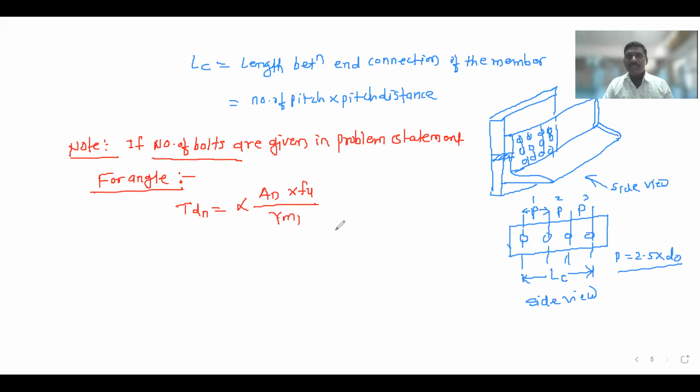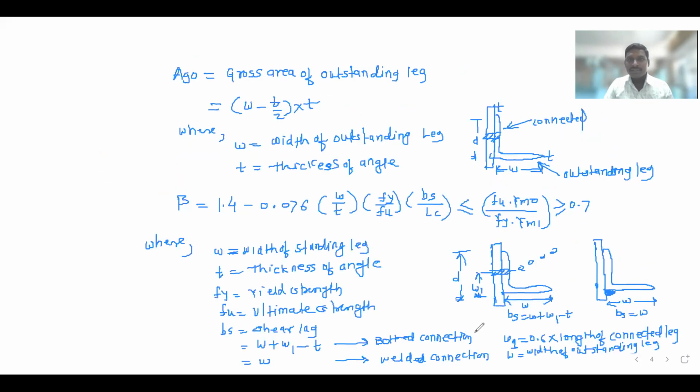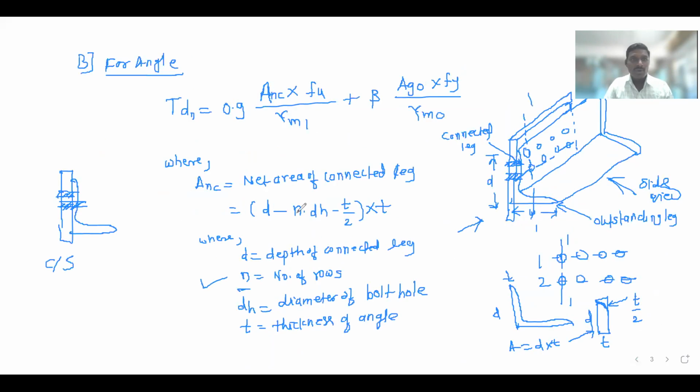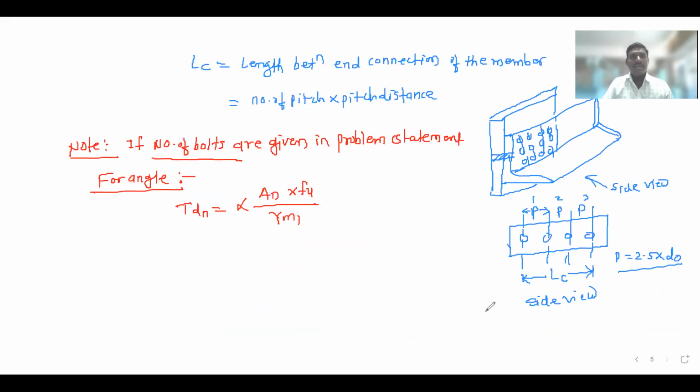So it means if number of bolts are not given, we have to use the formula beta. This beta formula, if number of bolts are not given, then we have to use this beta formula for angle. And if number of bolts are given, then we have to use the formula of alpha.